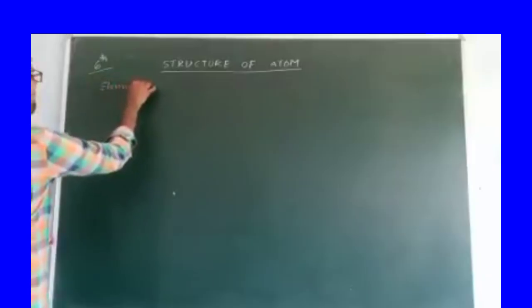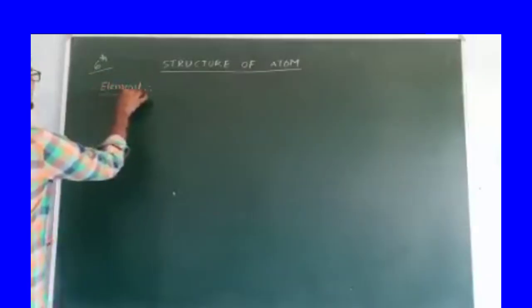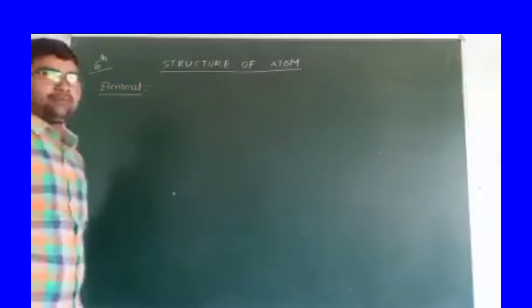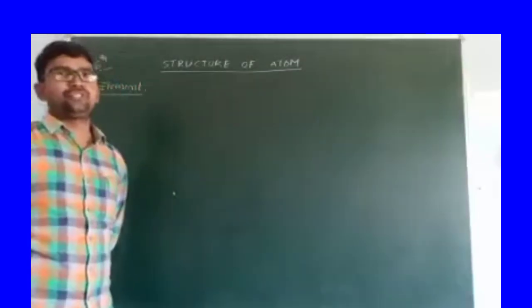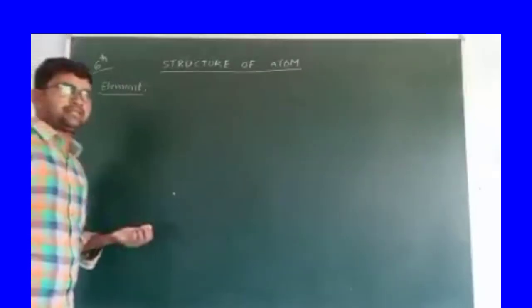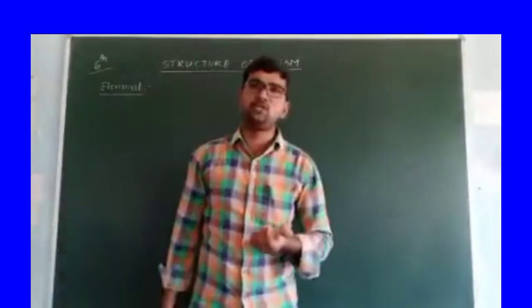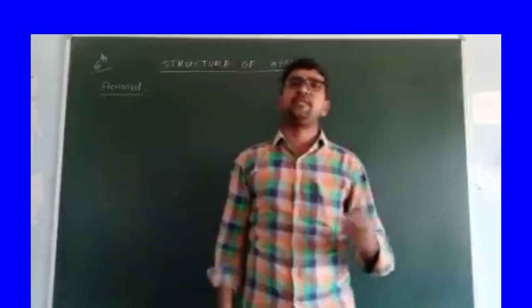First we will discuss what an element is. What is an element? Because most of the students are confused about the element and atom definitions. Actually, in the total periodic table nearly 118 elements are present.